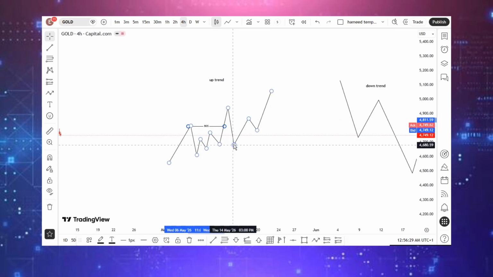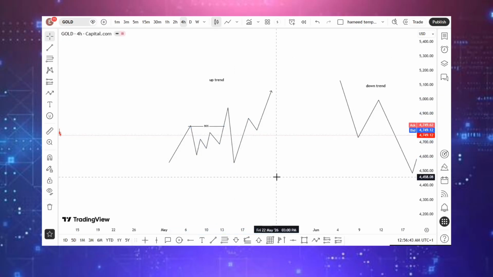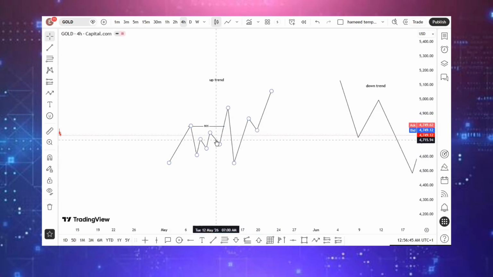But sometimes the market might not stop here. It might want to come down here, or come down here. Sometimes the market might want to come down here before it continues to move. So the problem is most traders will stay here, waiting for the market here.